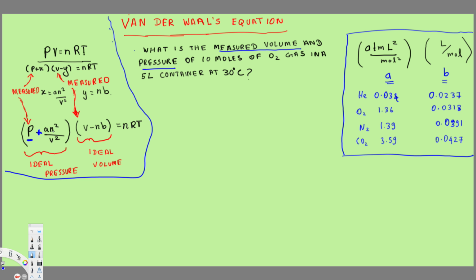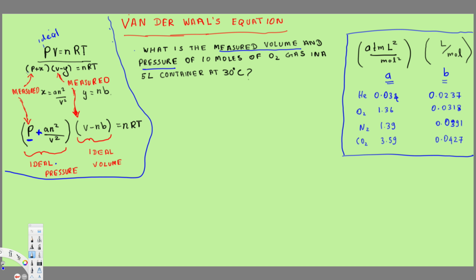If you calculate this, this is the ideal pressure, the total thing. We have to find this one. So if we find the ideal pressure and subtract this one, we will get the measured pressure.